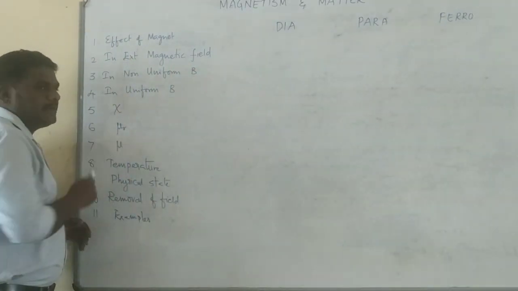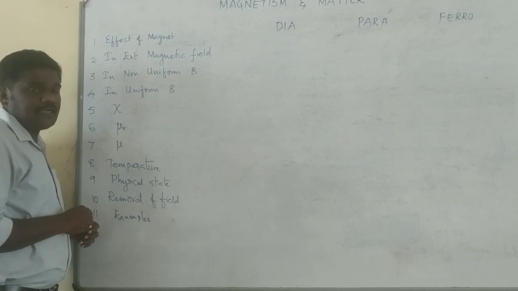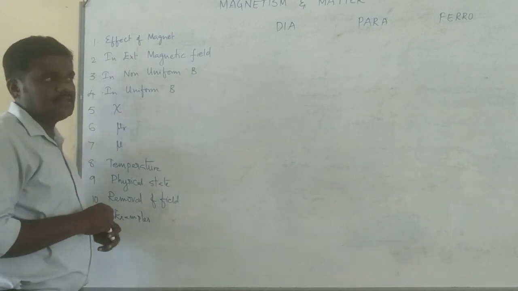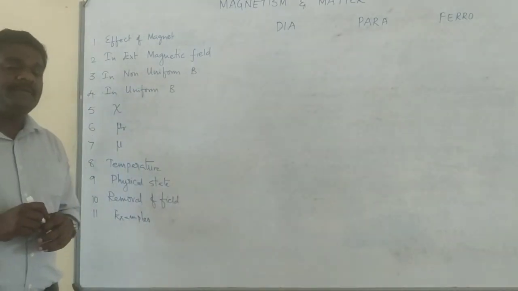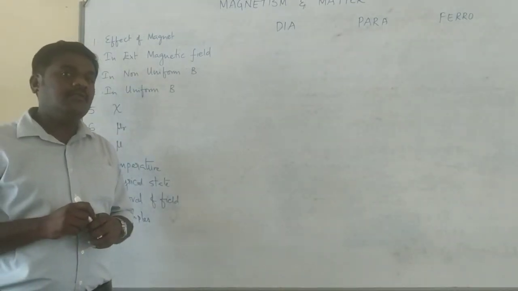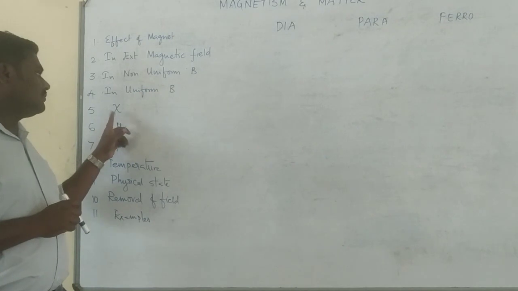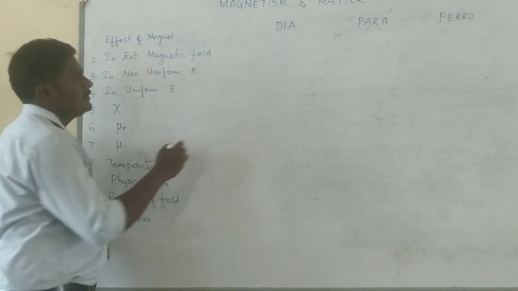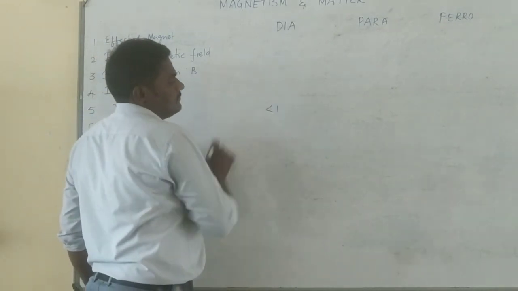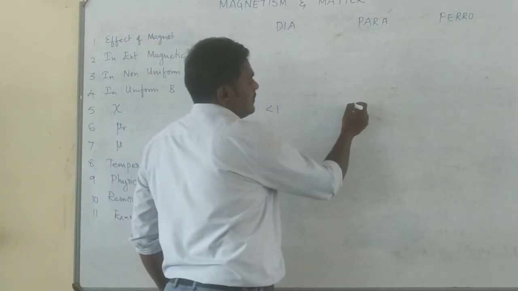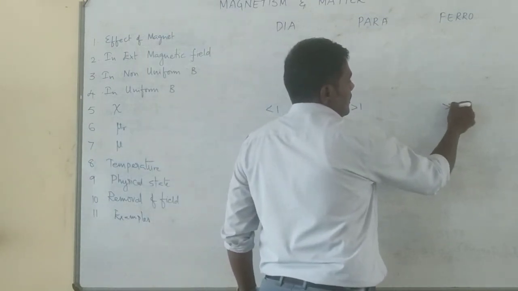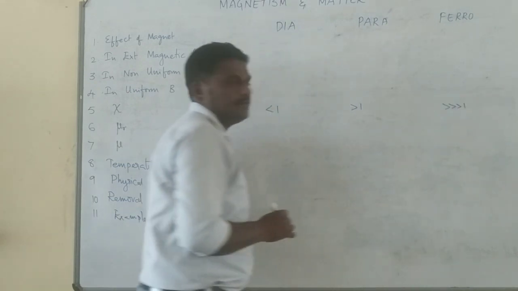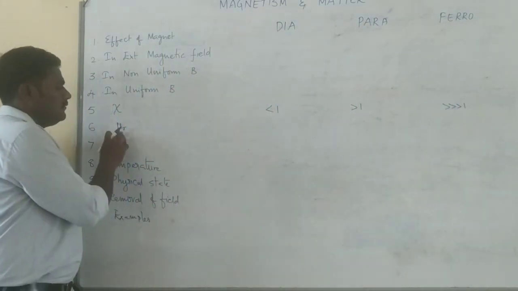Now coming to the next property, Xi, which is known as magnetic susceptibility. This I discussed in the previous session. What is susceptibility? It is the acceptancy of a specimen towards magnetization. So this Xi is less than 1 for dia, greater than 1 for para, and far greater than 1 for ferro. Now, what is this mu r?